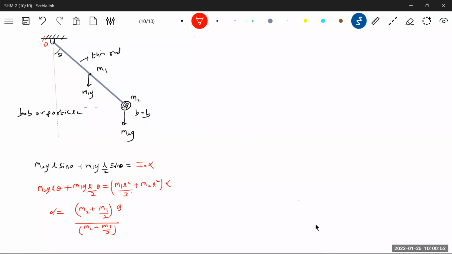For small angular displacement, this will become T equal to 2 pi, square root of the moment of inertia over, M2 plus M1 by 3.